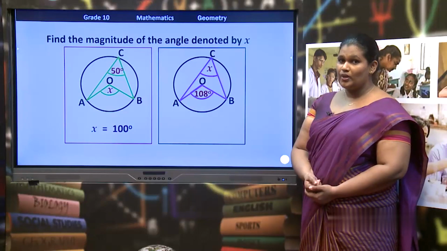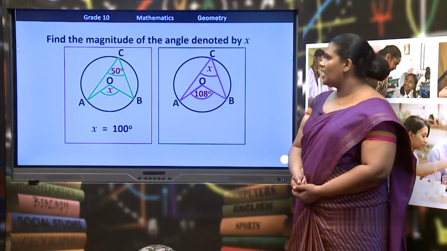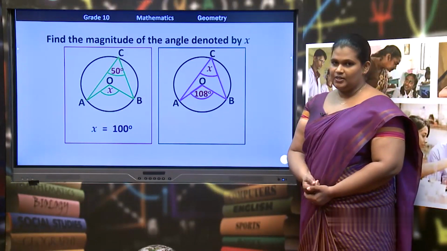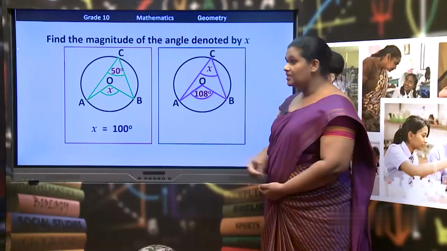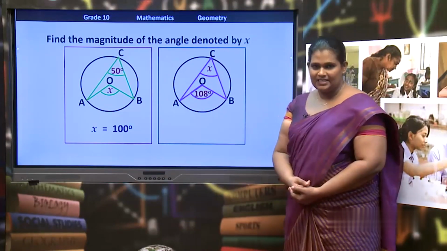Right. Here also we have to find the magnitude of x. Once again, we can see a circle with center O and there are 3 points on the circle, points A, B and C. Right. By looking at this picture, once again we can observe angle AOB is the angle subtended by the minor arc AB at the center of the circle.